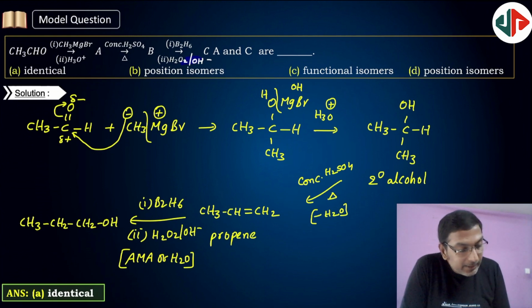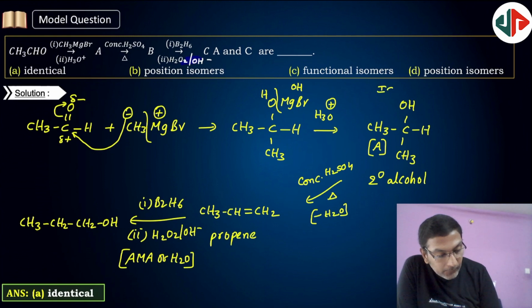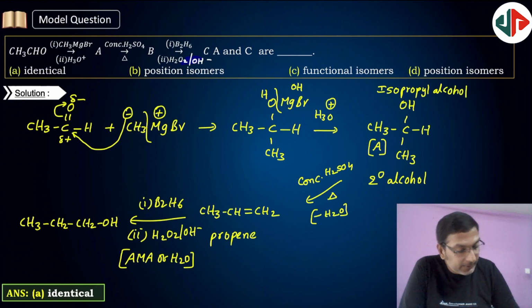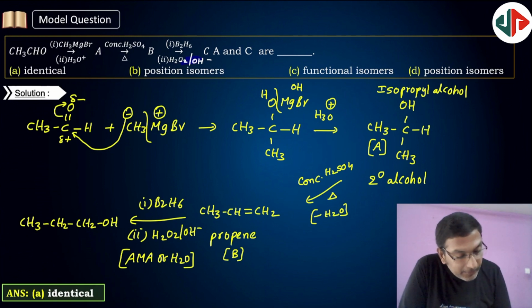So here the first compound A is isopropyl alcohol. Next, B compound is propene and C compound is n-propyl alcohol.